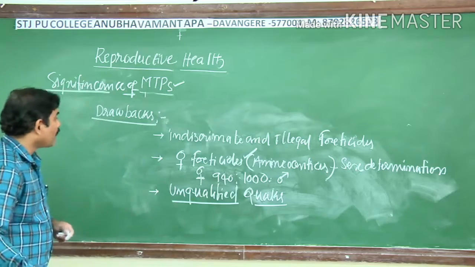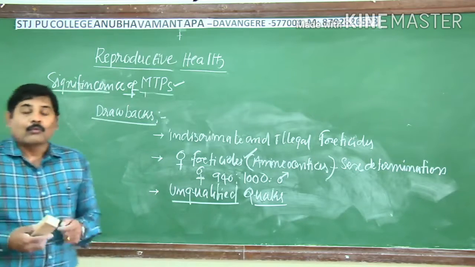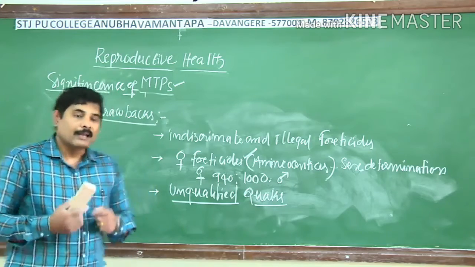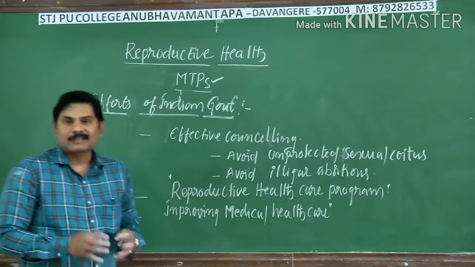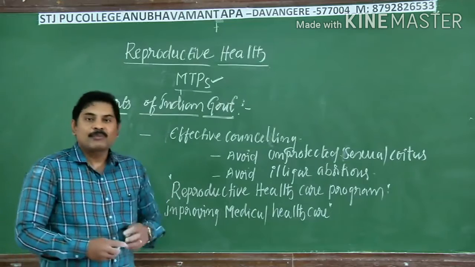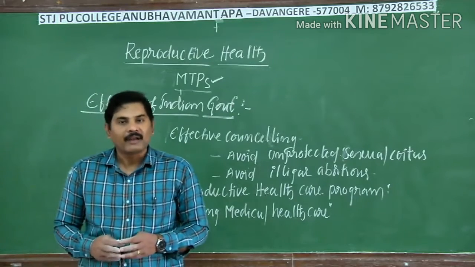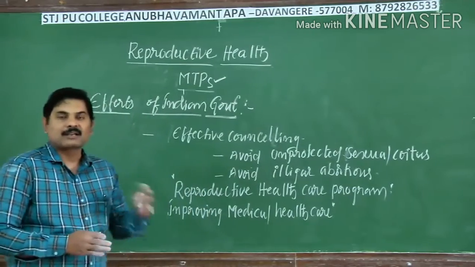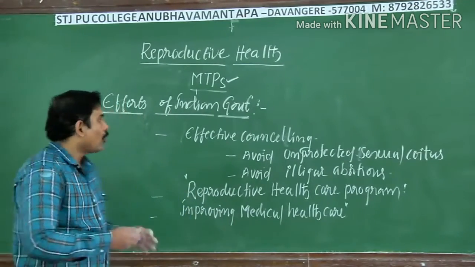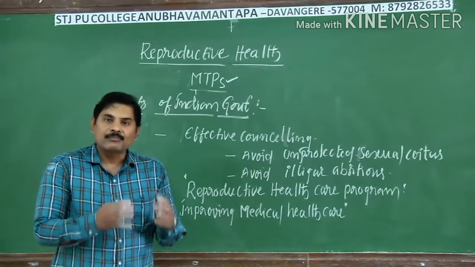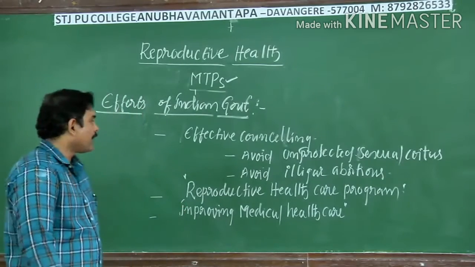Thereafter, what are the efforts being made by the Indian government? Let us see. Since we have come to know that these MTPs are being misused, a kind of bad trend is going on in our India. In order to check such a bad trend, the government of India has taken some initiatives and started implementing different kinds of programs.